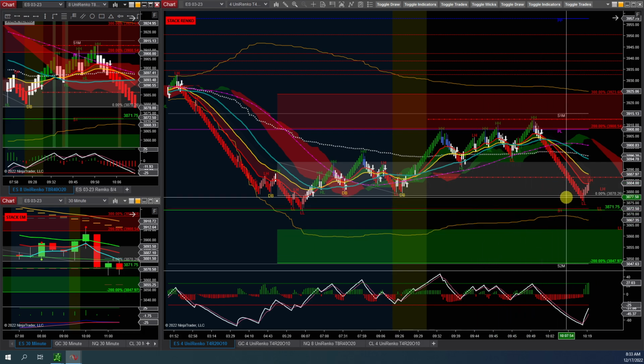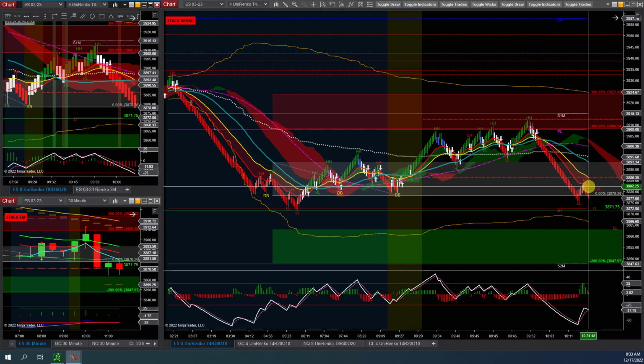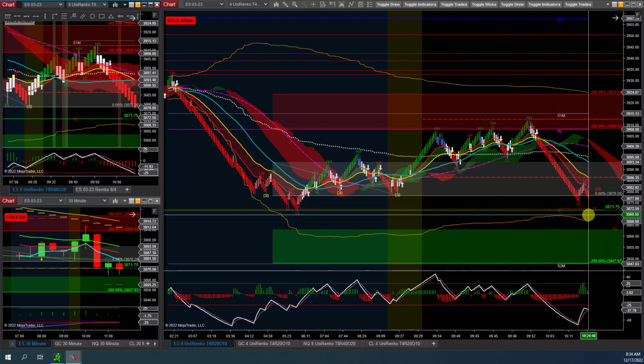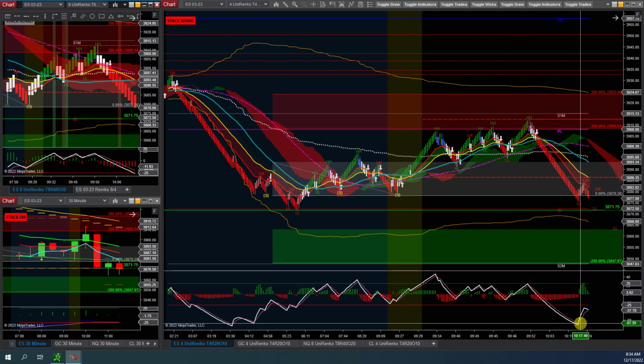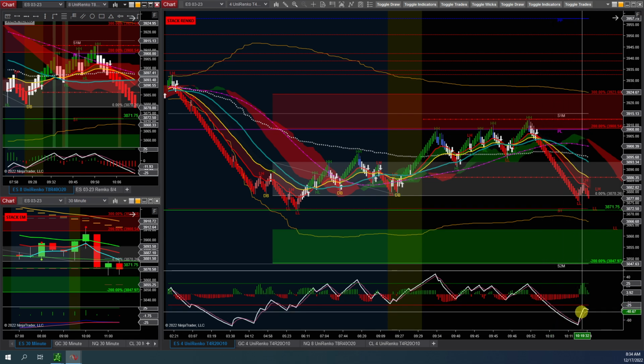Okay, so now what I see here is that I'm inside the congestion area, and we are kind of halfway there now. There was a bounce. You could have taken this one because it's breaking also to the downside, but still you have this level here, 38.71, 38.75, that could represent some support, and also the momentum indicator is all the way down here.